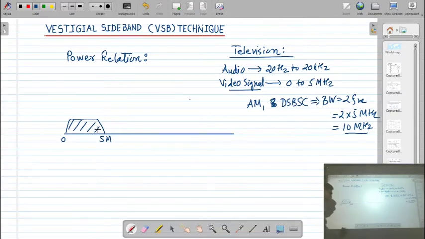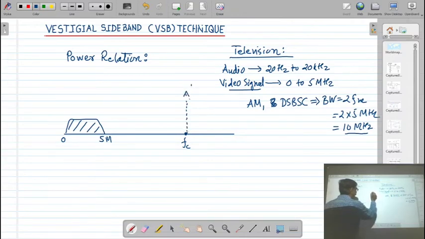So when it is modulated, somewhere here we have a carrier frequency, and that carrier frequency is known as the picture carrier frequency. Remember, this is known as the picture carrier, because it is carrying the video information, the picture information.